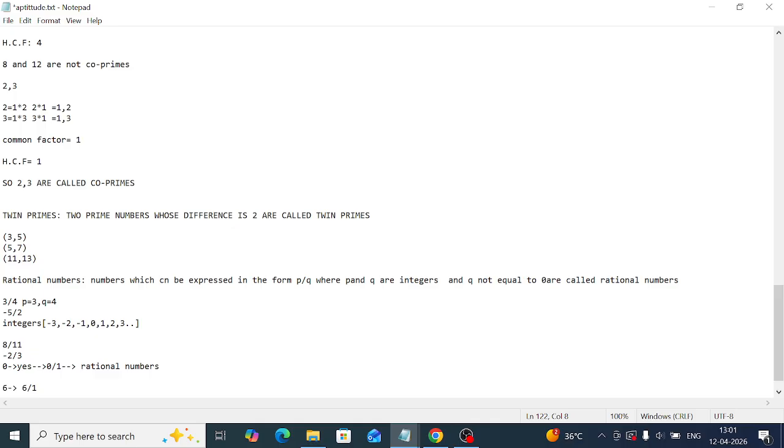If only the p value is given and no q value, it means internally the q value is 1, which is not equal to 0, so it is a rational number only.